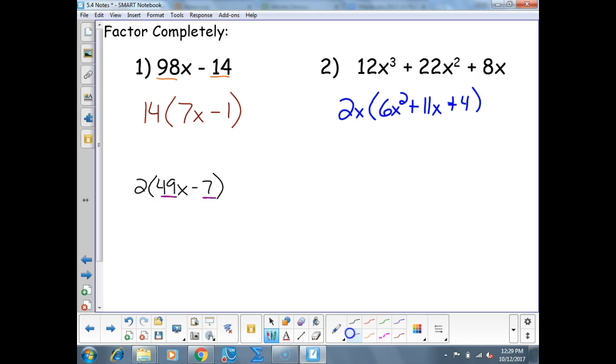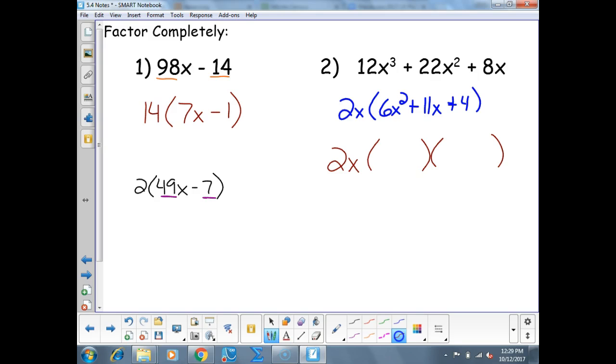Now what do I have to ask myself? Can I factor that trinomial? I know I can't factor out any more GCFs because they don't all have an x part, and there's no number that goes into 6, 11, and 4. So let's see if it's factorable.